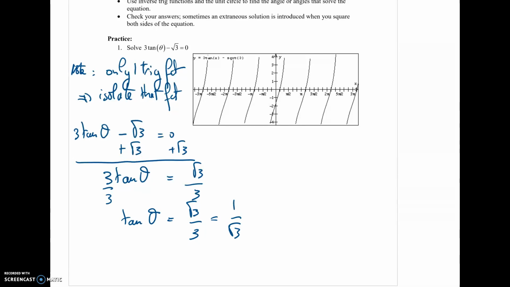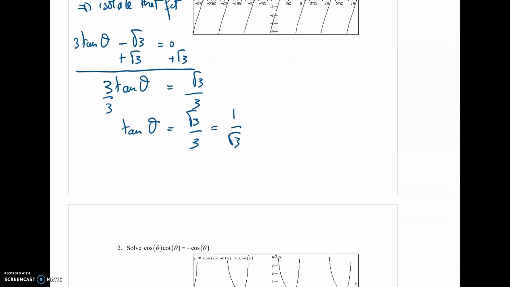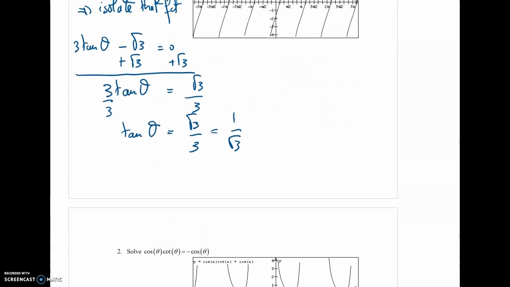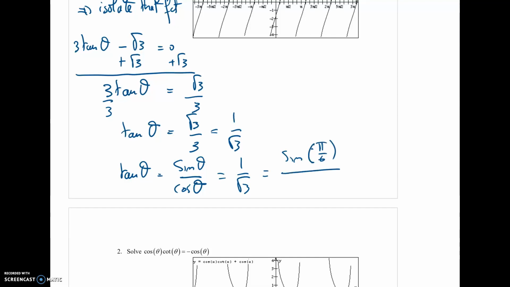Knowing that tangent theta equals sine of the angle divided by cosine of the angle theta, with the trigonometric circle values, if we want that equal to 1 over square root of 3, we look at the angle pi over 6: sine pi over 6 divided by cosine pi over 6.